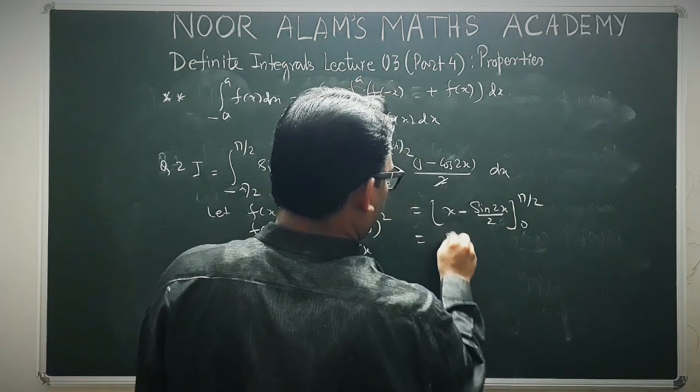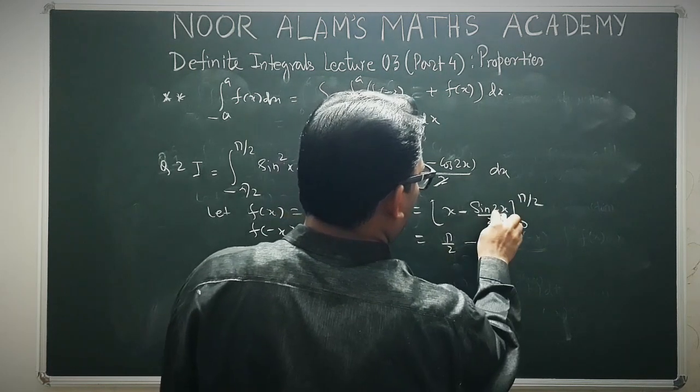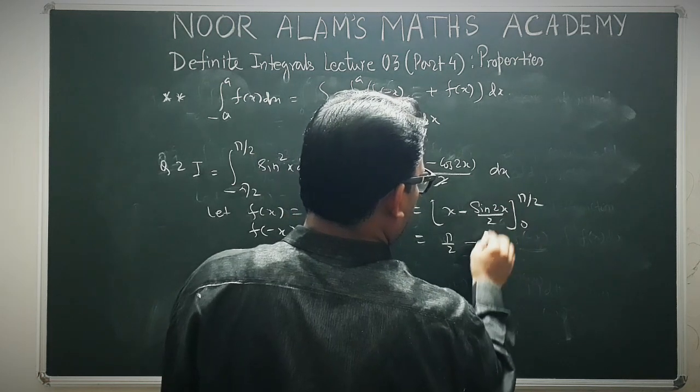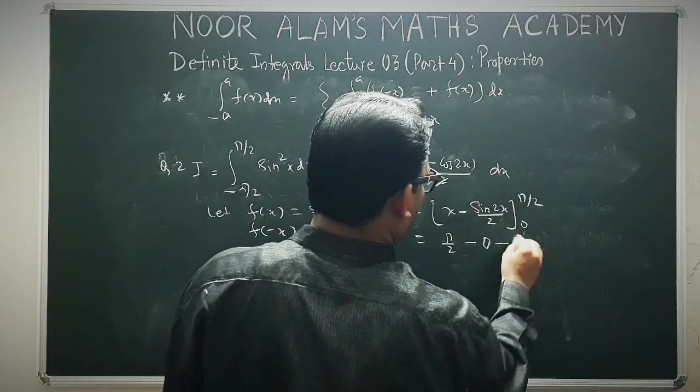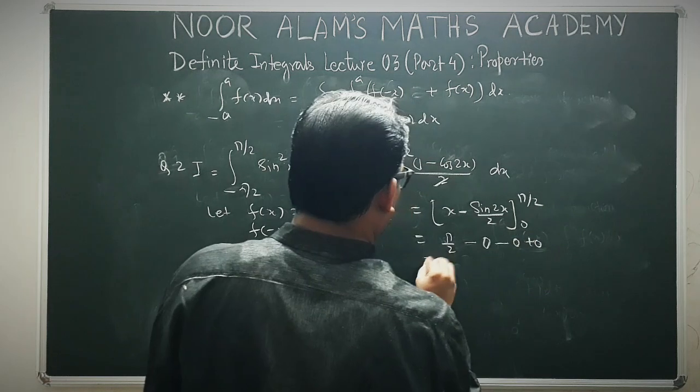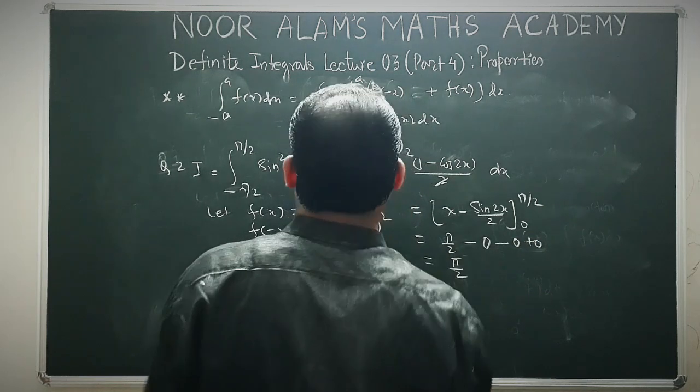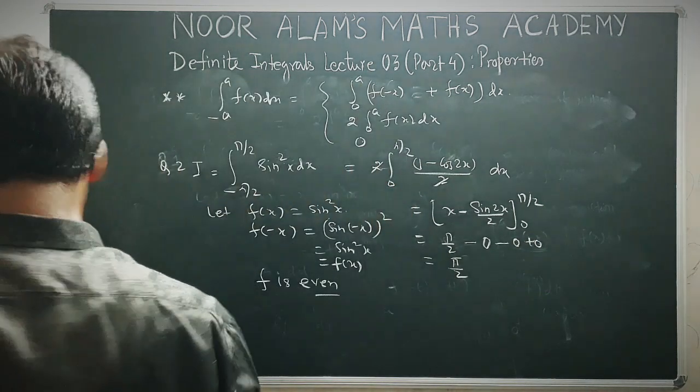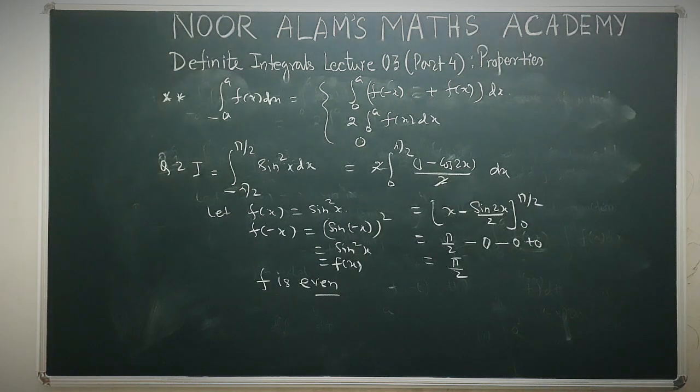Put in the values: x is pi by 2, then sine of 2 into pi by 2, the 2s cancel, sine pi is 0, and if you put 0 you get 0. So the ultimate answer is pi by 2. Therefore the value of the integration is pi by 2. This is the answer. Hope all of you understand this. Now we go for other problems.